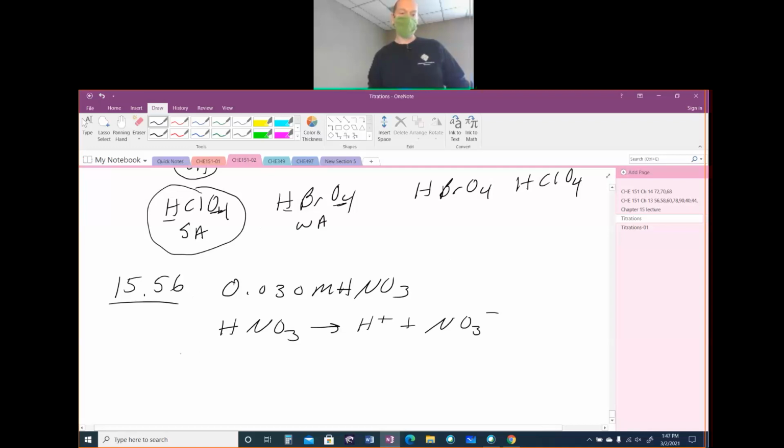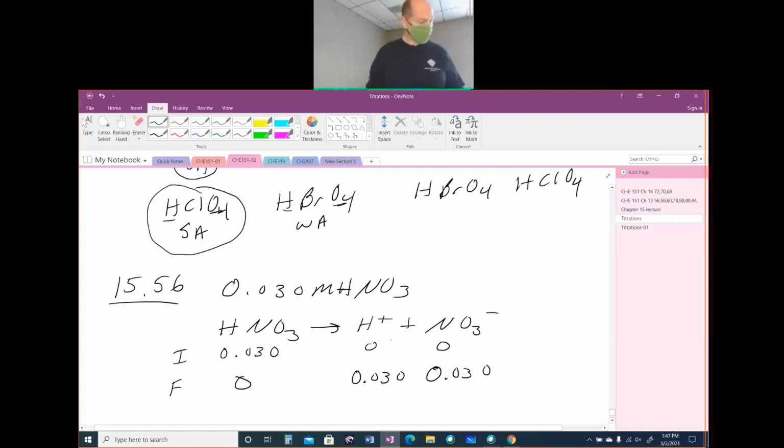So if you want to do initial, you have 0.030, 0, and 0. All right, there is no equilibrium here. It goes to final because it is 100% ionized. Final, this is 0. There's no equilibrium here, not an equilibrium arrow. When you have a strong acid, 100% goes to the right, and you do have zeros. It's not an equilibrium.